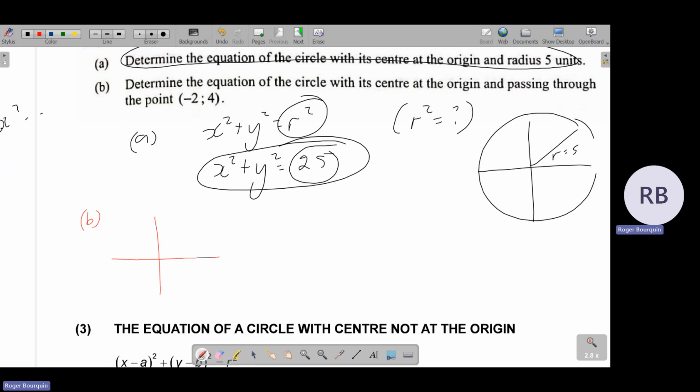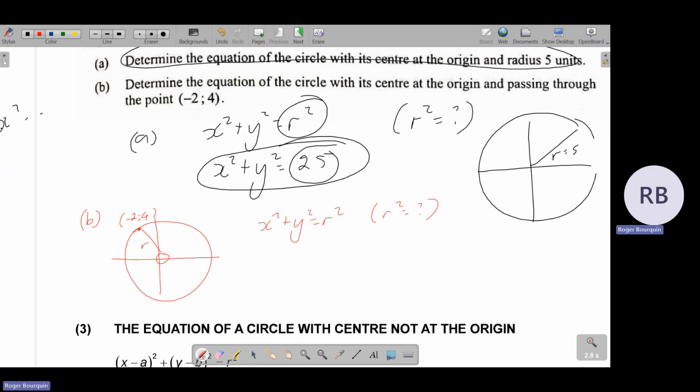So you've got a circle, center at the origin, radius R. What's the formula for the circle with center at the origin, radius R? How can I answer? What's my objective? What do I want to find a number for? I want to find a number for R squared.